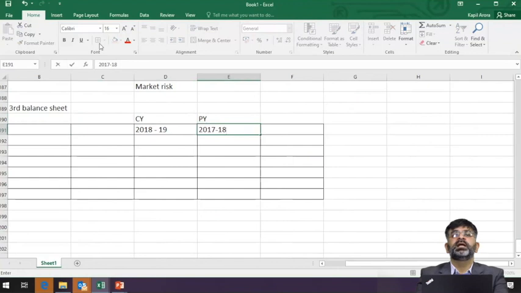If 18-19 is the current year, 17-18 is the previous year, the third balance sheet would be the opening of the previous year, which is 16-17.